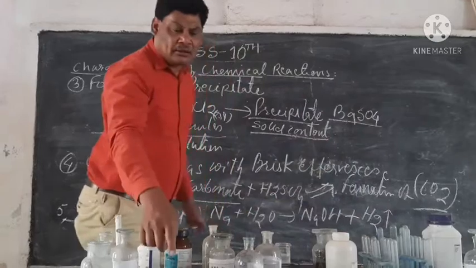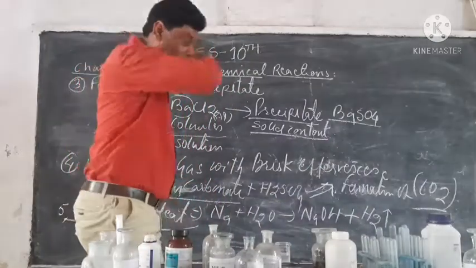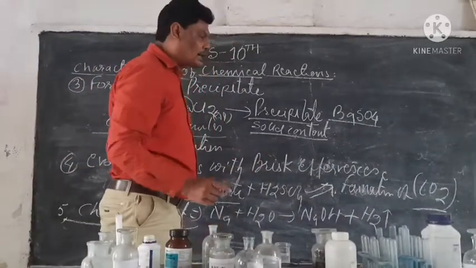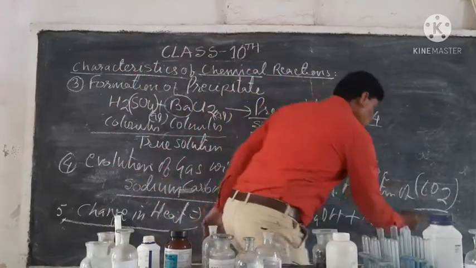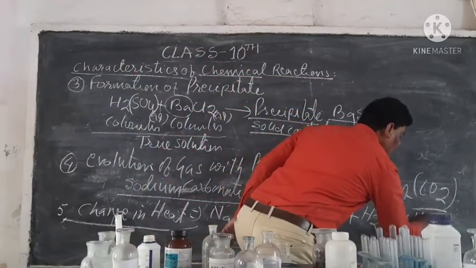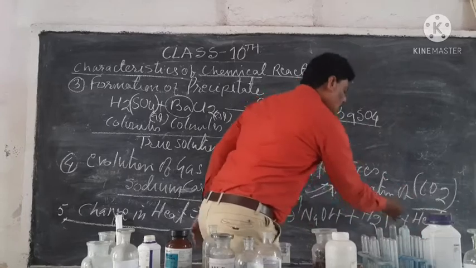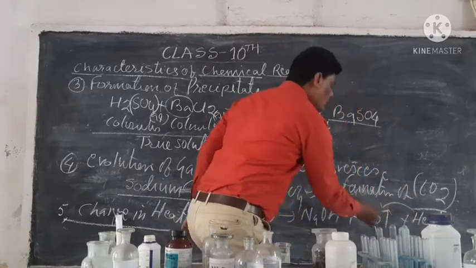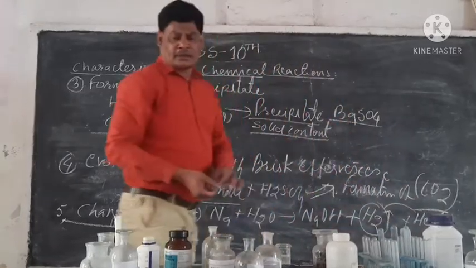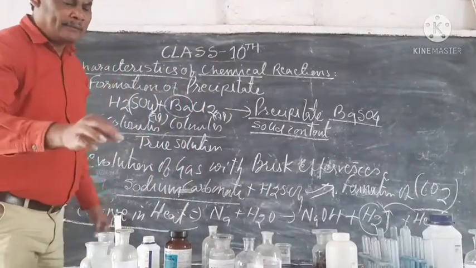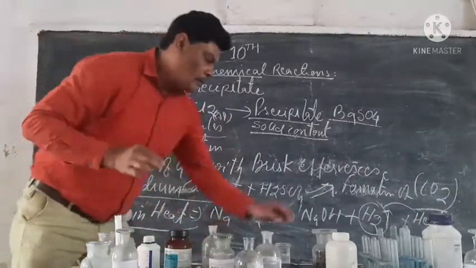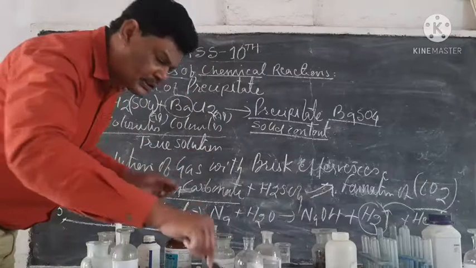You have seen the flame, the yellow color flame, or yellow light. Why? It is because heat is developed in this reaction, and this heat is sufficient to burn hydrogen gas.